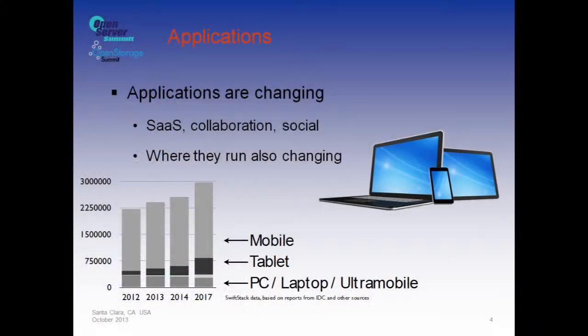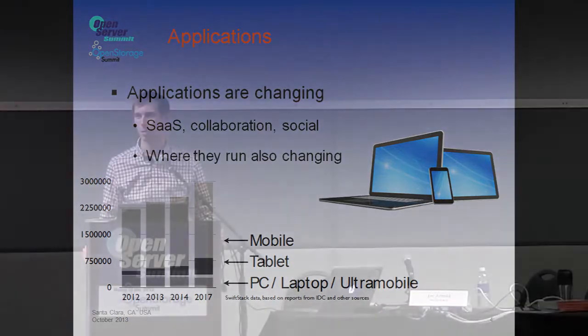The type of applications we're facing is changing a bit, in that more and more of the data is being served out to tablets, mobile phones, and web applications, instead of necessarily residing on a local desktop or laptop. There's an IDC graph showing there are fewer laptops being sold and a heck of a lot more mobile and tablet devices being sold.